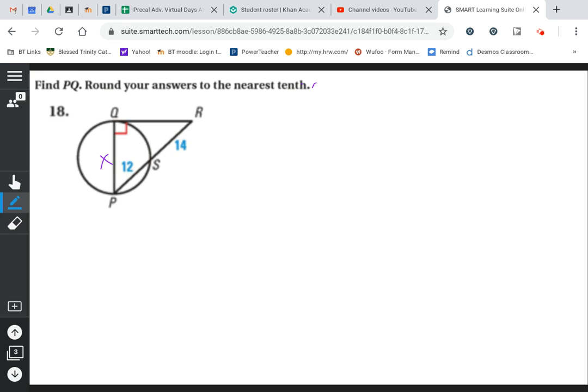We have a secant and tangent. So we want to find PQ, but the first thing we need to find is QR. So I'm going to call that one y. So again, we have a secant and a tangent here. And again, secant is always external times the whole.